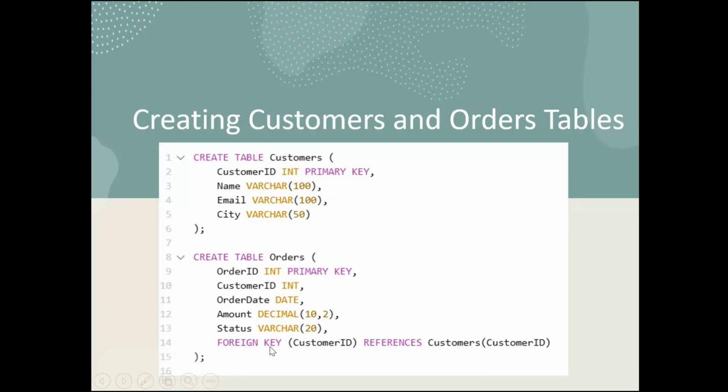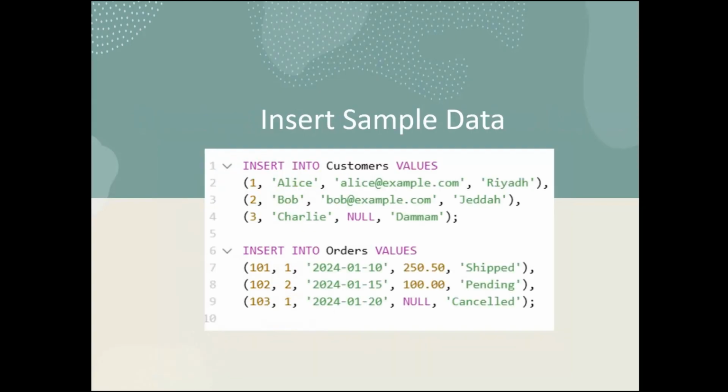For that, we have this foreign key to connect the orders table with the customers table. And look here, we also added the customer ID in the orders table because of this relationship. Then we will insert these values into both tables, the customers and orders. I will be quick now because we will go together to MySQL Workbench and apply these statements.